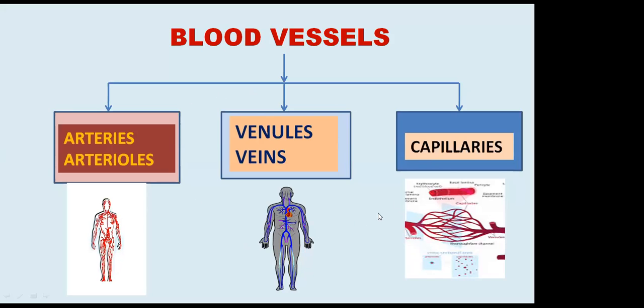So we have 5 different types of blood vessels in our body: arteries, arterioles, capillaries, venules, and veins.